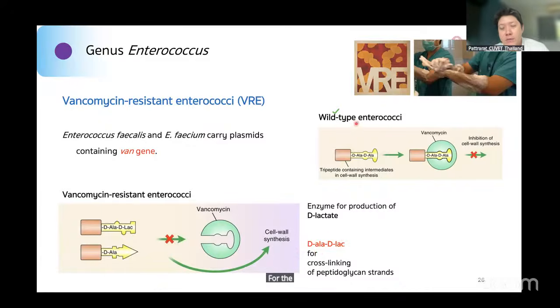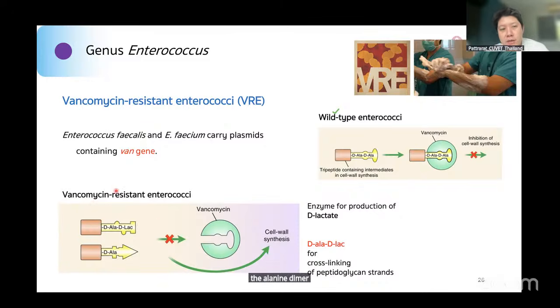For the wild type, when they produce the alanine dimer, this will be inhibited by vancomycin. For the resistant strain, they can produce the alanine D-lactate to be used instead of the alanine dimer.